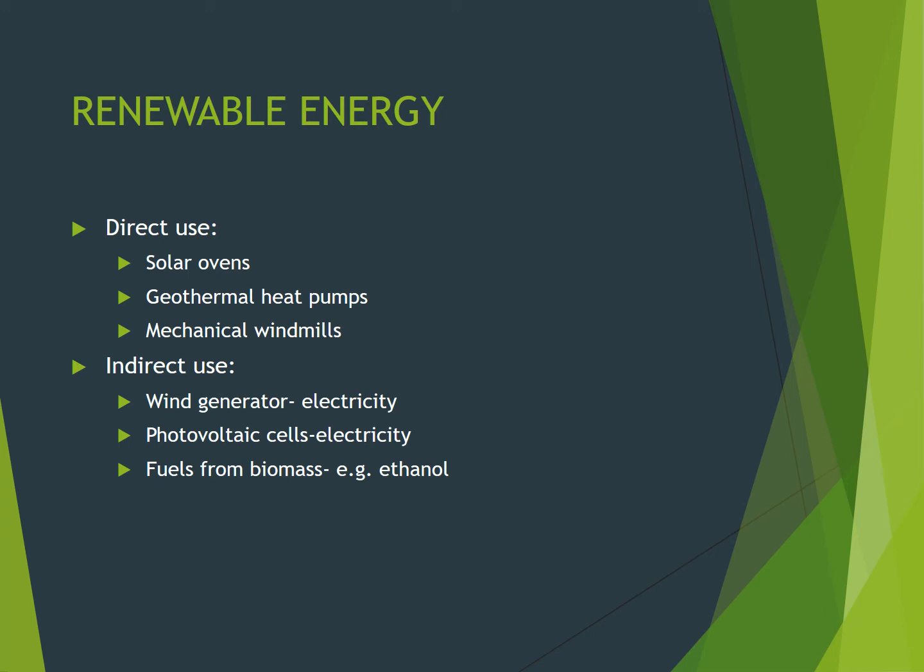The heat is being used as heat to burn things and to create a heat energy source. Geothermal heat pumps, where we extract heat from deep underground, from the earth's core, where it is very hot, and we use this heat directly to heat buildings in cold climates.